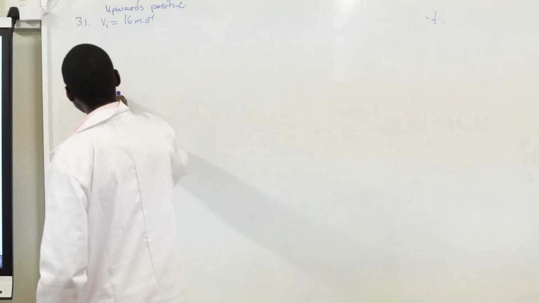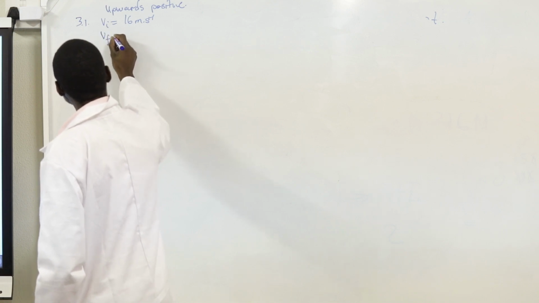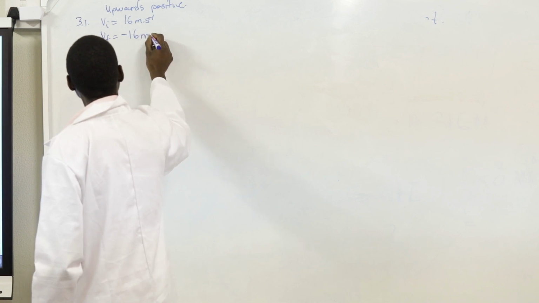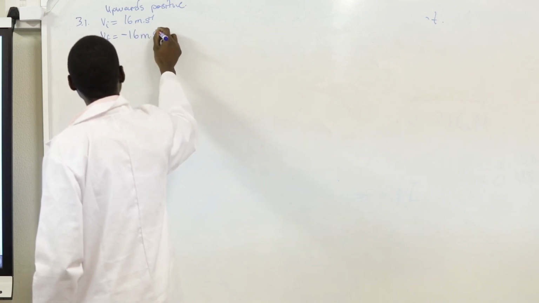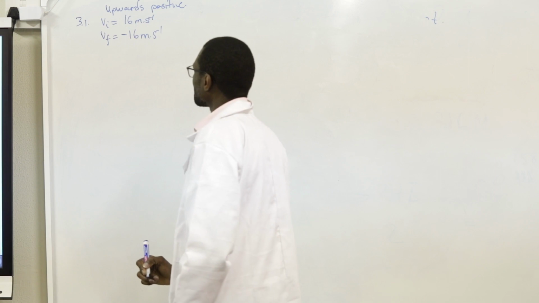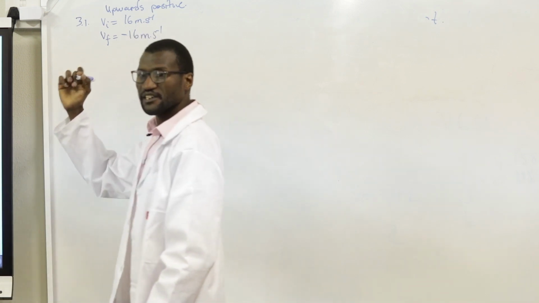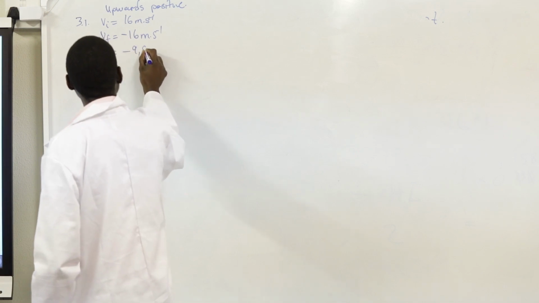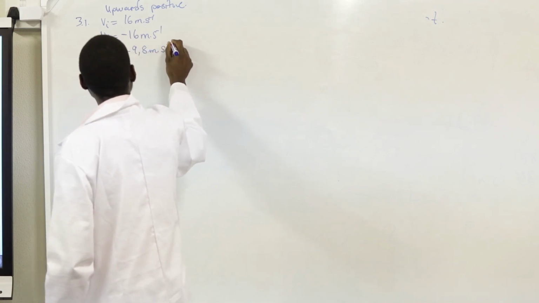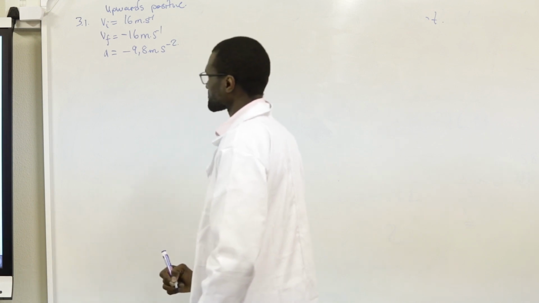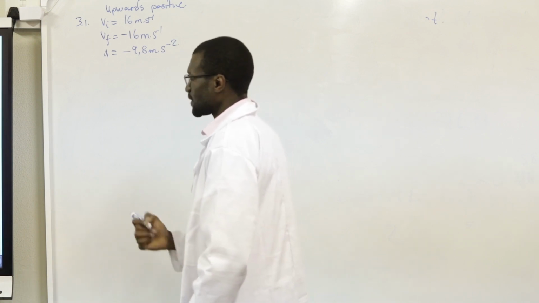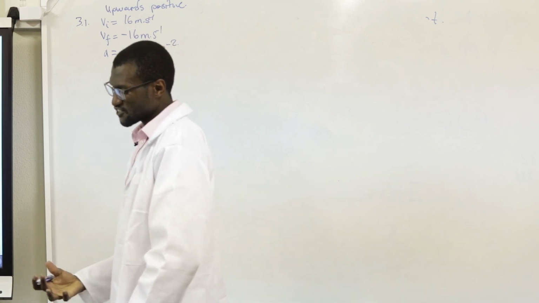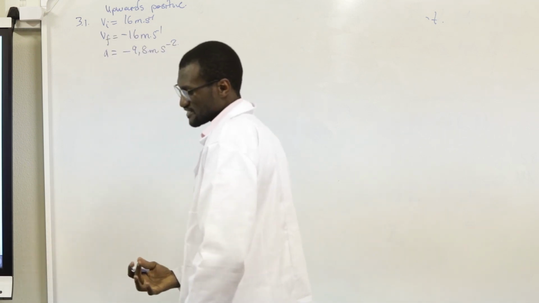And if it comes back again to its point of origin, let's call it V final, it will have a velocity of minus 16 meters per second. The constant acceleration is equal to minus 9.8 meters per second squared. And they want us to find the time it takes to reach its final velocity.